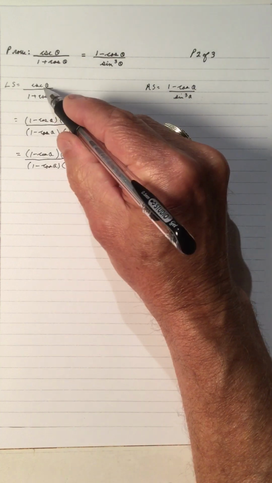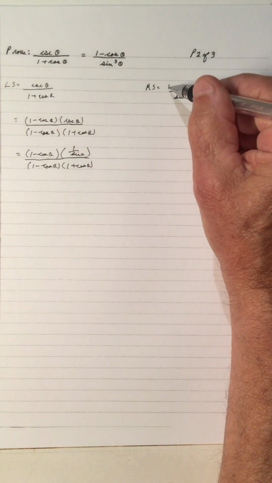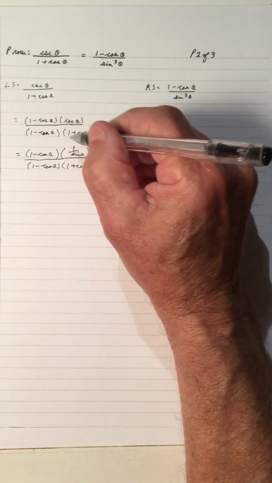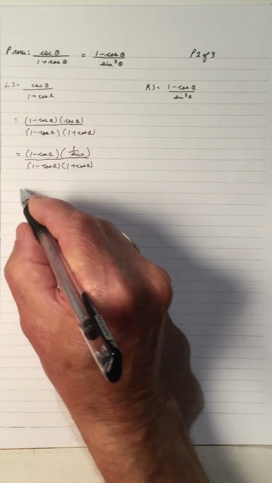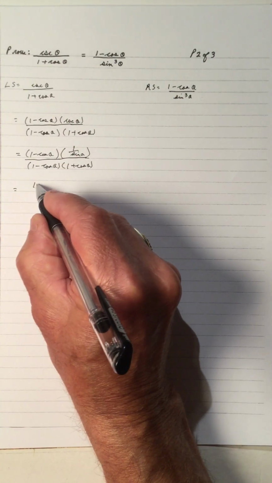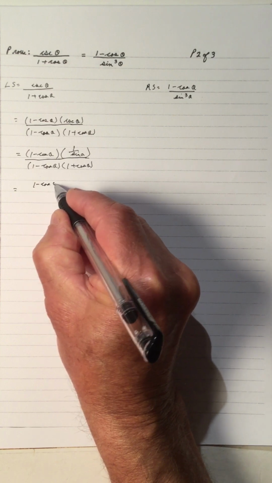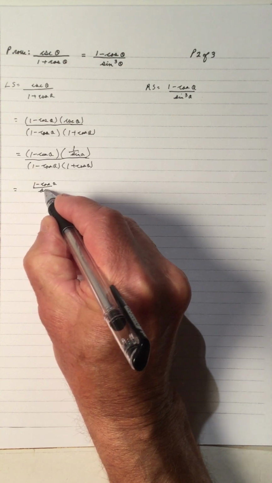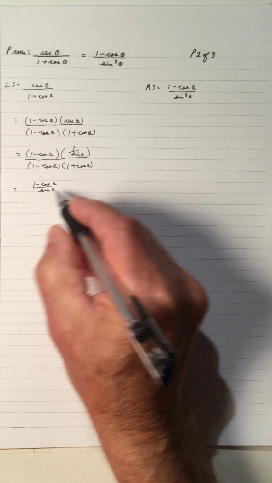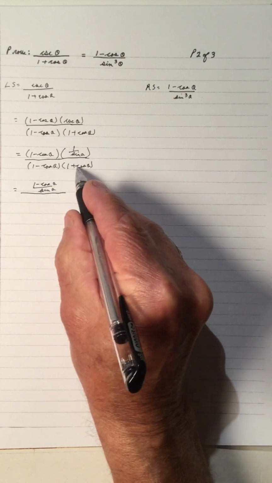So I didn't obey that rule here. I was concentrating on the 1 minus cos theta. So the next step, this is 1 minus cos theta over sine, and we'll do the FOIL on the bottom.